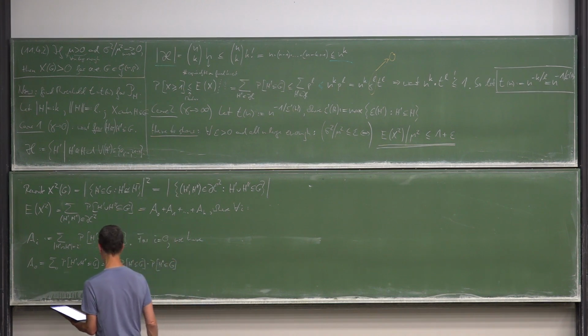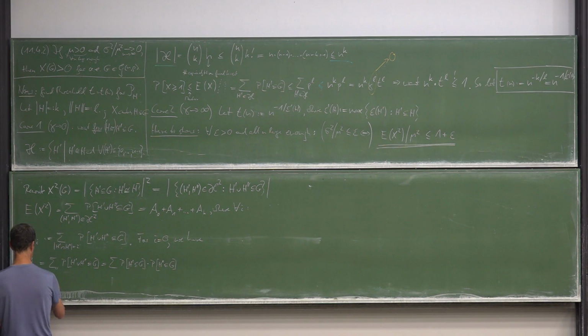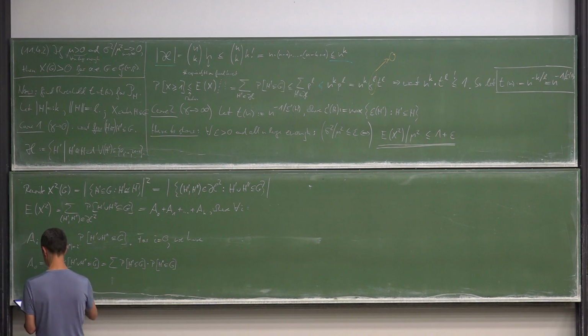All right. Now let's drop this restriction and sum over all pairs H prime, H double prime in curly H squared. And let me just copy that.